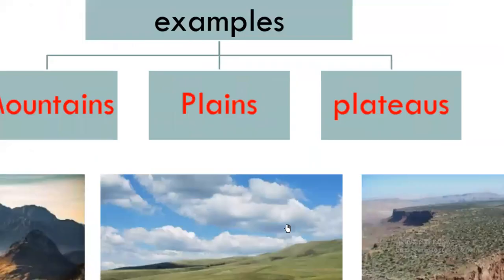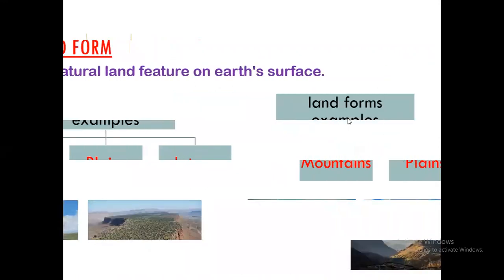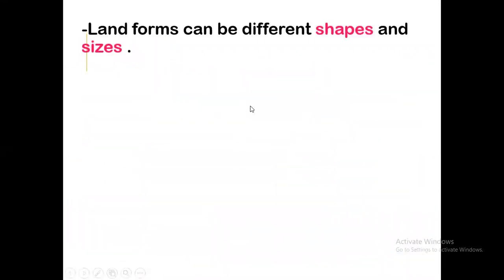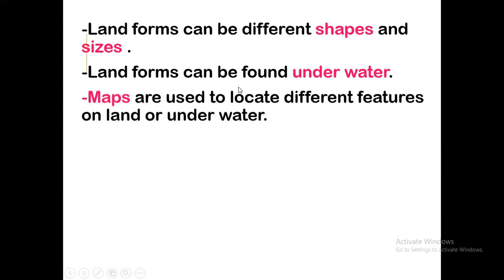They have different sizes and shapes, their own characteristics and properties. Landforms can be found even underwater, not only above Earth's surface.